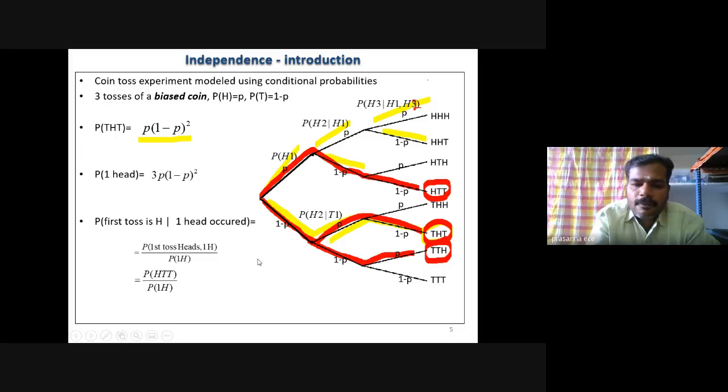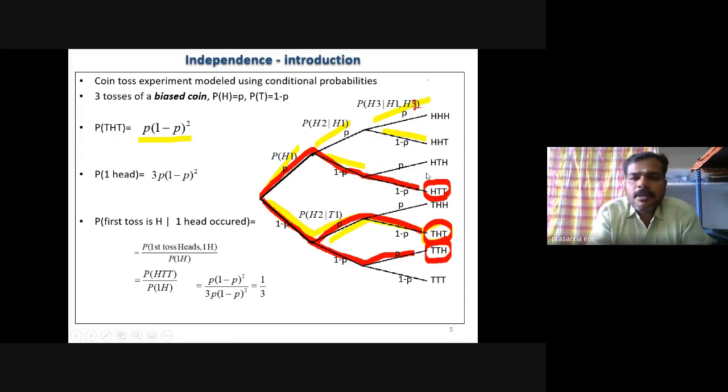What is the probability of getting this path? It is P into (1 minus P) whole square. The denominator is the probability of getting exactly one head, which we have already calculated as 3 times P into (1 minus P) whole square. So we use the previously calculated results and arrive at 1 by 3.